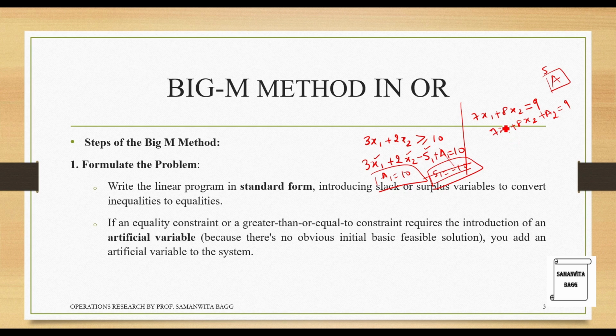Now again, if I assume x1 and x2 as 0, I get the value of a2 as 9. This is to get the initial basic feasible solution by assuming some variables as non-basic and certain as basic variables, which enter into the solution and then help you solve the problem. So this is what is given over here. That is how you formulate the problem.